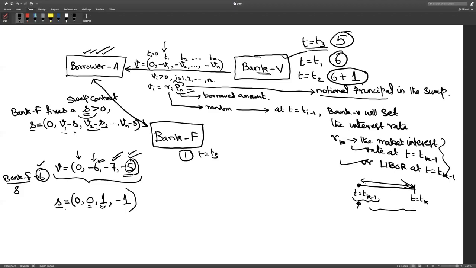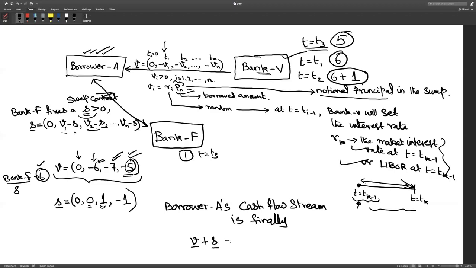You can see that finally, with the help of this swap, borrower A's obligation to bank V is a cash flow stream with equal interest amount of S, right? So what is finally the borrower's cash flow stream? It is V plus S. That is his cash flow stream, which is 0 initially.